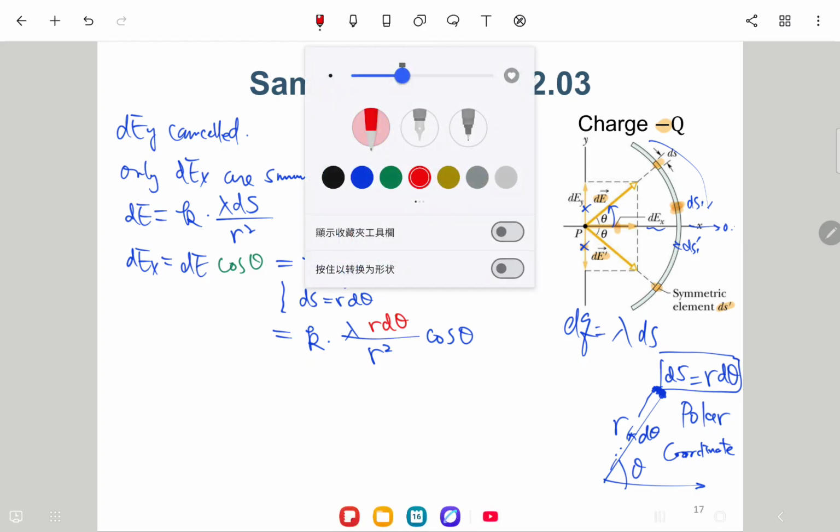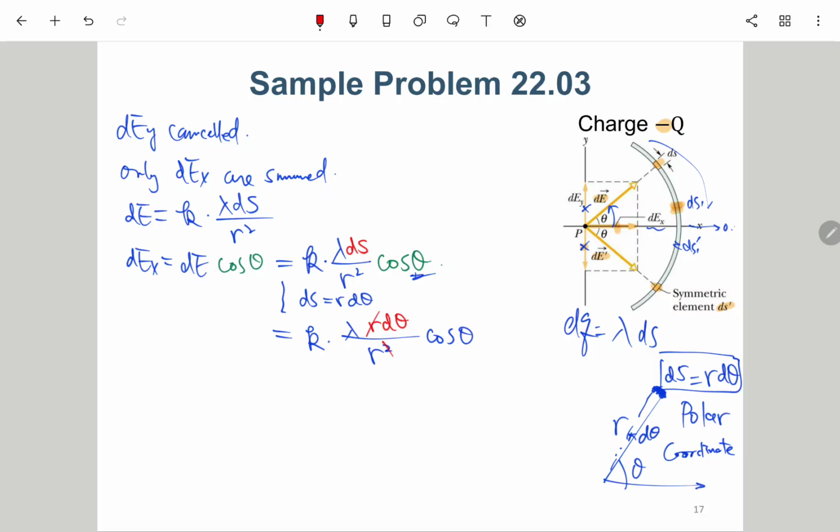And then we can cancel this out with r squared partially. So finally, we would like to integrate dEx along this length L, this rod L. We put this expression here, which will be k times lambda cosine of theta over r d theta.